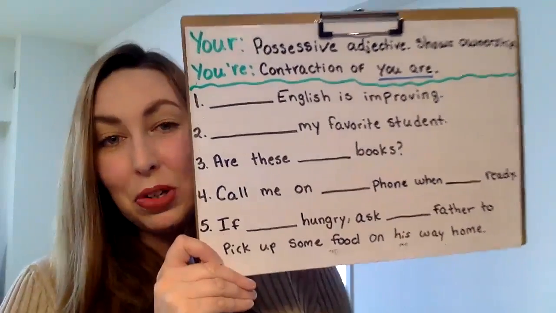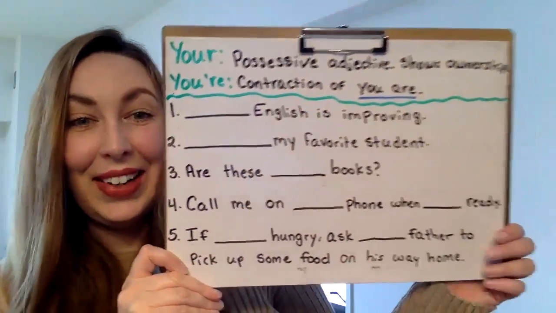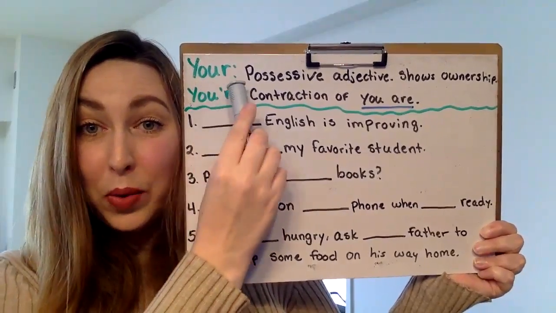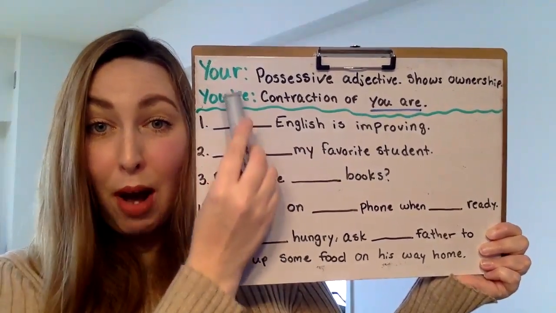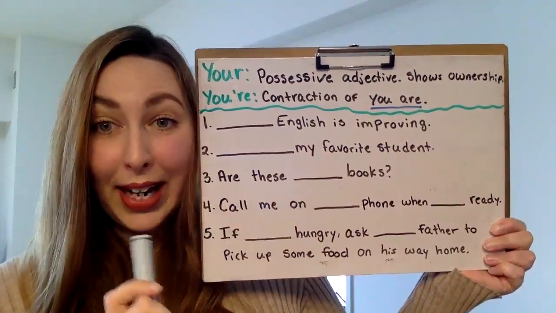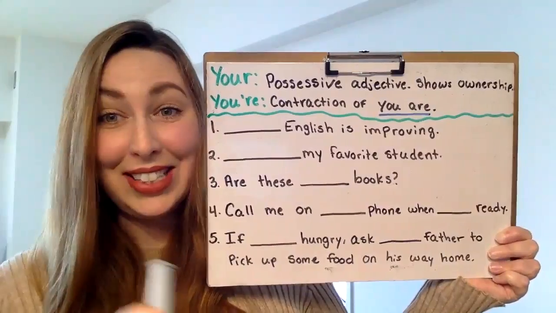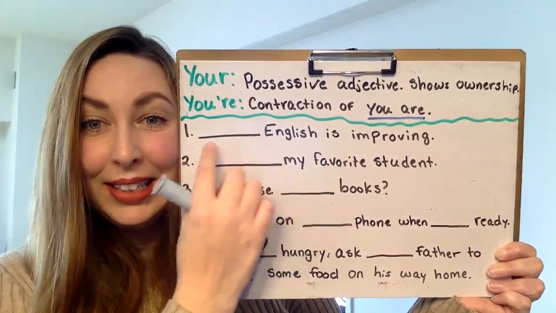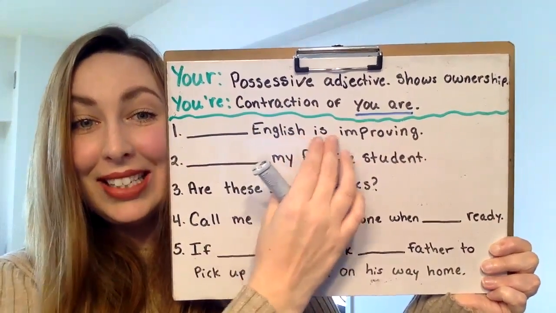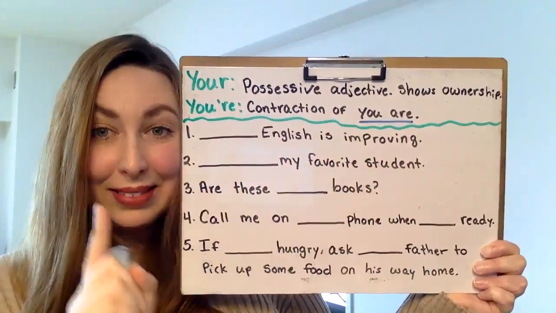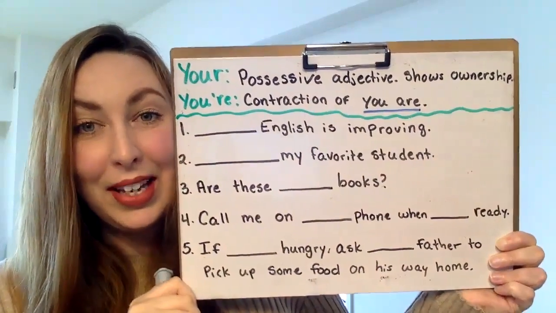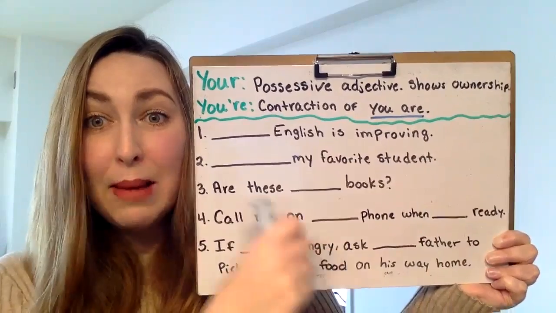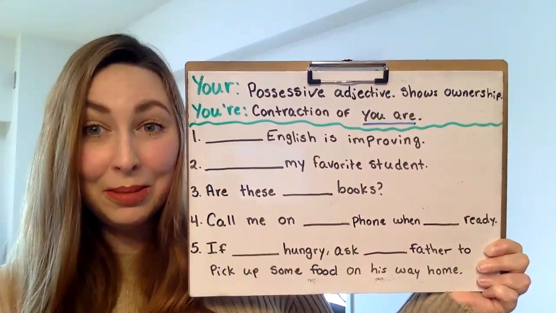So let's try number one together. Okay, number one. So write in the comments, you're either going to choose Y-O-U-R or Y-O-U apostrophe R-E. Please don't forget the apostrophe. It's very important in contractions. Okay, so number one, we have a blank. So, blank English is improving. So we know that we are going to say your English is improving, but which spelling is correct?